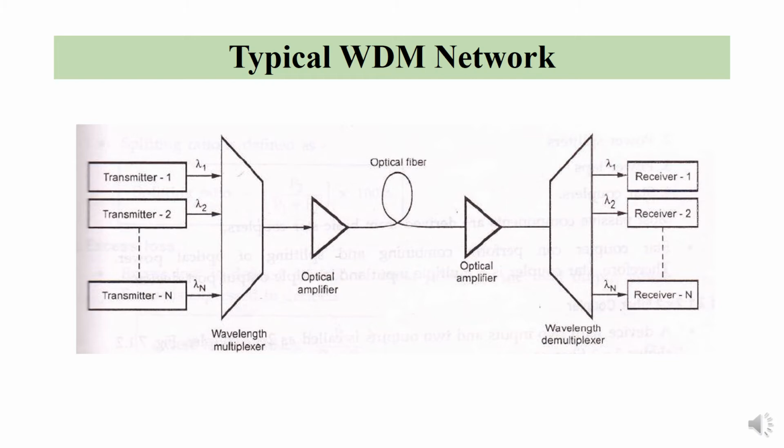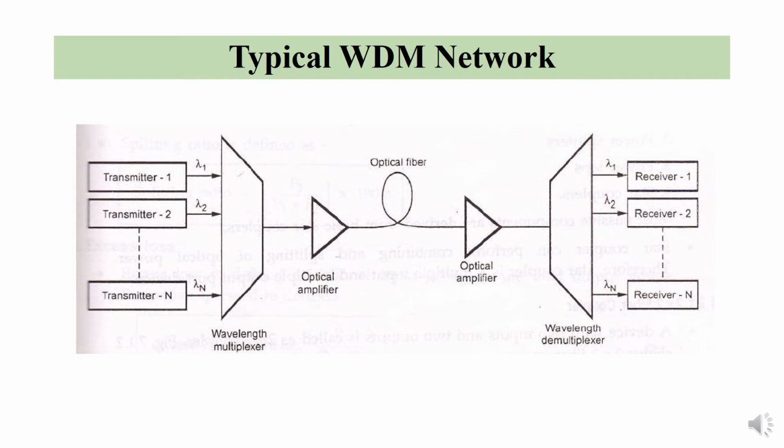These optical amplifiers are placed periodically depending upon the distance of the optical fiber. If an optical amplifier has a bandwidth larger than the bandwidth of all the channels together, then in one shot all wavelengths can be amplified in an amplifier, and that signal keeps on propagating with periodic amplification.